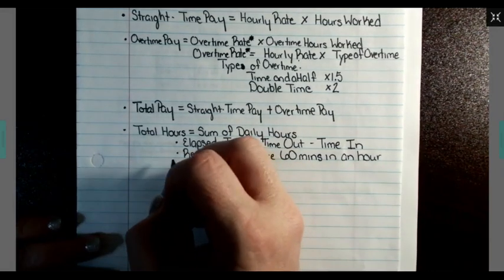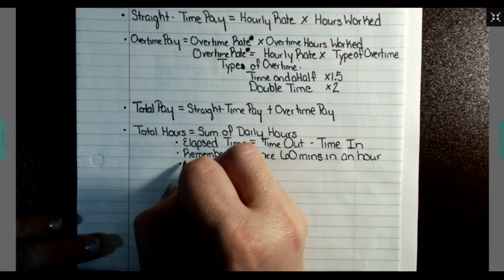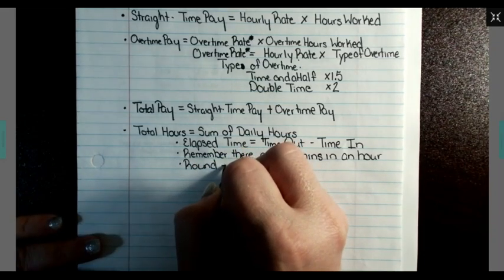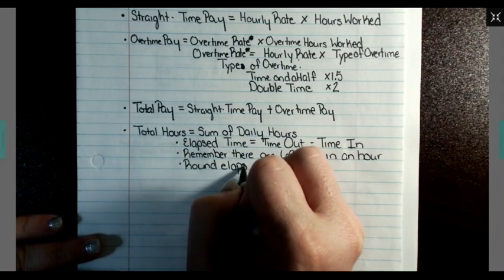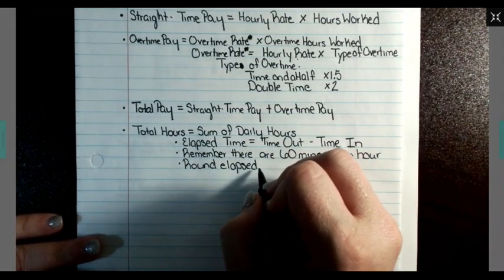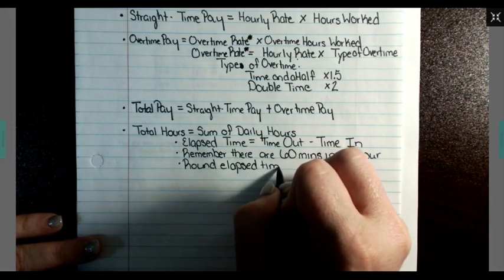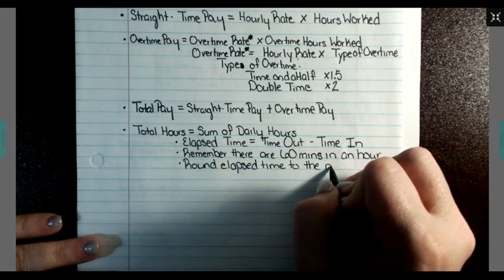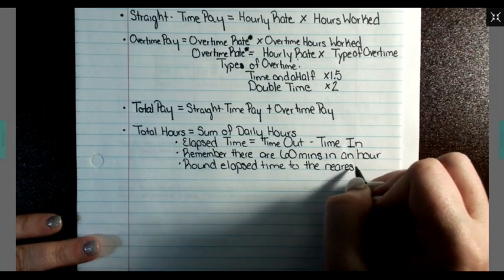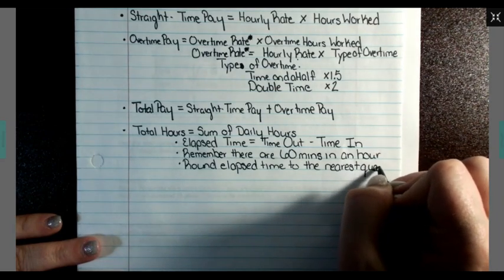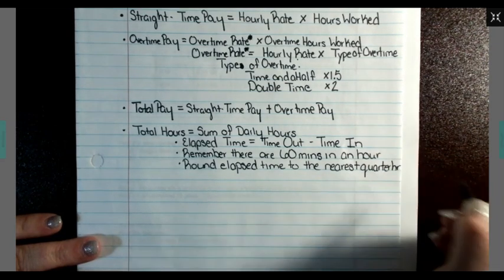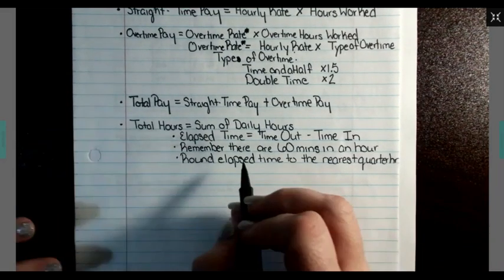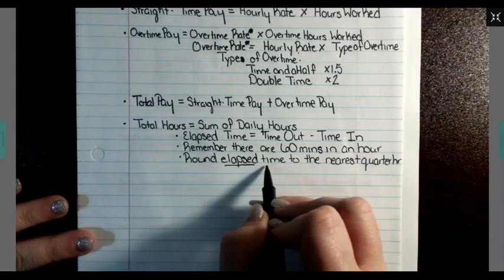We also want to make note, we will round elapsed time to the nearest quarter hour. Now notice how this says round elapsed time.